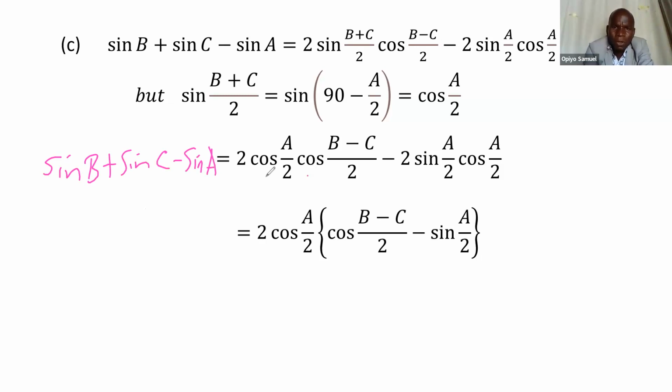There is a common factor, which is cos of A over 2, and also 2 and 2. So we pull out the common factor. Then inside the bracket, we shall have cos B minus C out of 2 minus sine A out of 2.